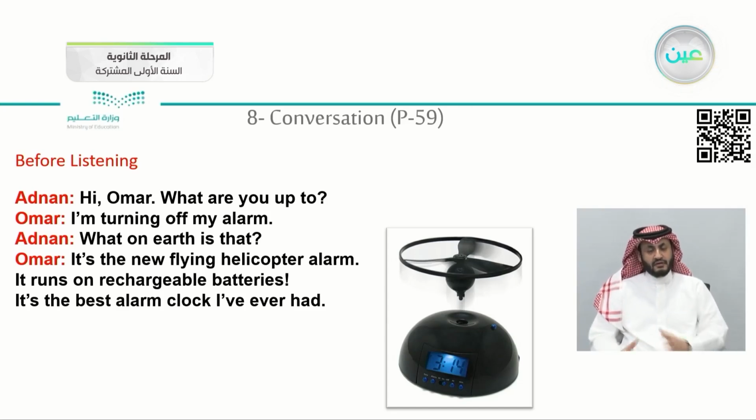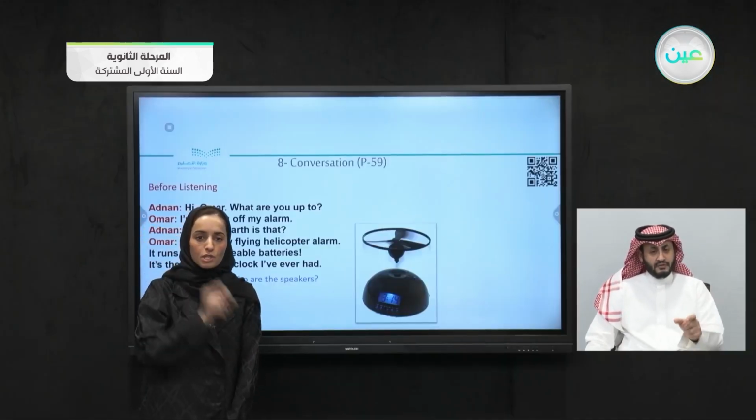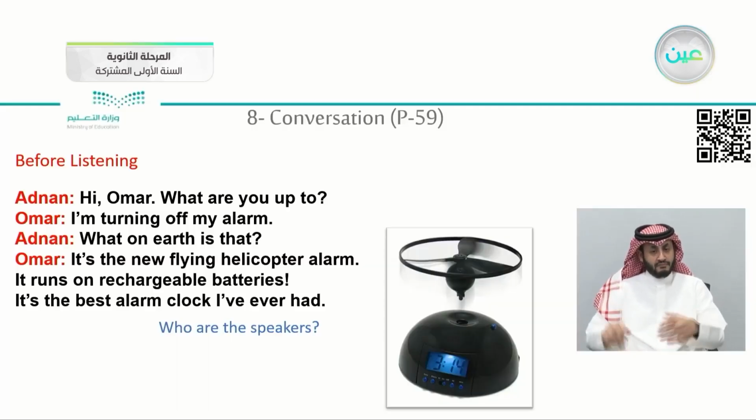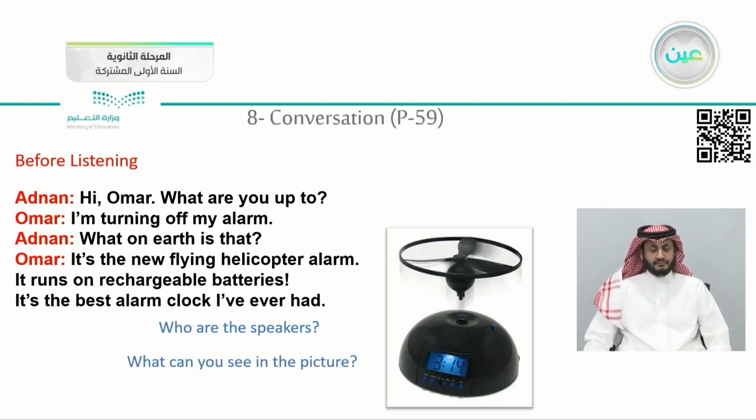Okay, now let's go to the conversation part. And here, before we start listening, who are the speakers in this conversation? Just check the first two lines, the first word from the two lines. They are actually Adnan and Umar. So Adnan and Umar are talking to each other. What can you see in the picture? What is it?